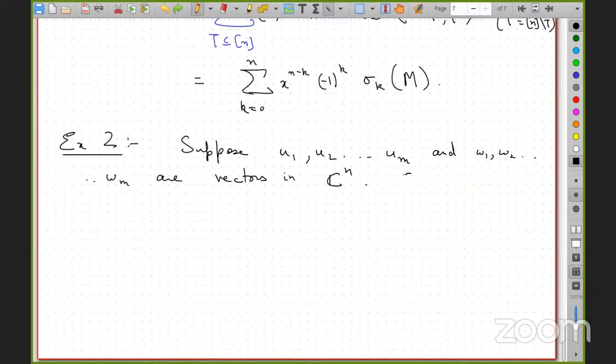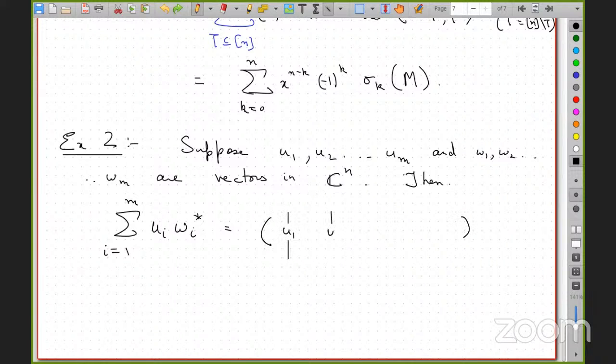So one simple thing is that this outer product that we have been talking about has a simple description. If I look at a matrix where the columns are the ui's, what is the dimension of this matrix? N cross m.